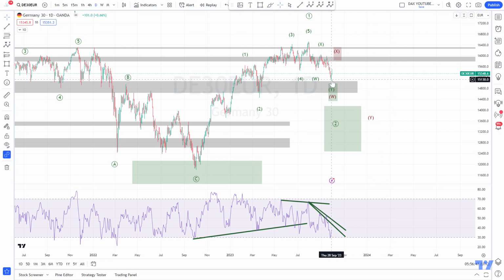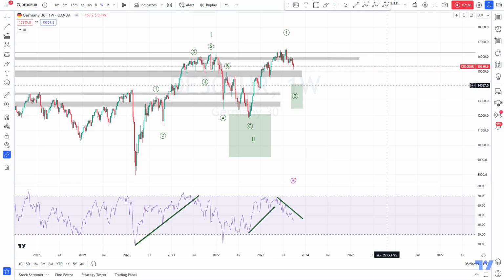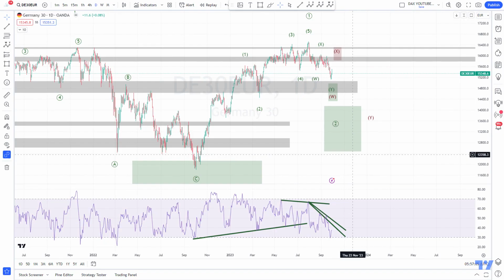If we would start to move up from here with a full corrective move, it could mean here in the weekly that we break this RSI trend line and start a new upward cycle. But for the moment, this is not the case. So we are in a downward cycle, and then there are 3 possibilities.